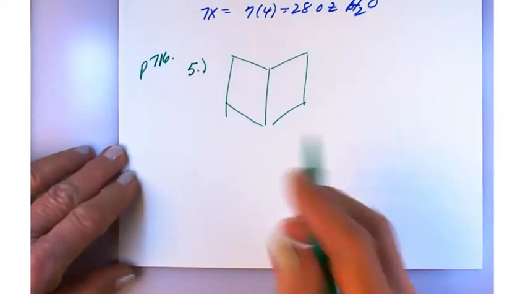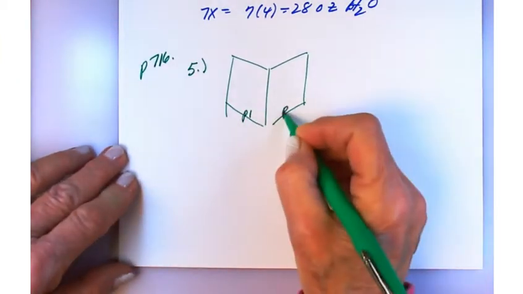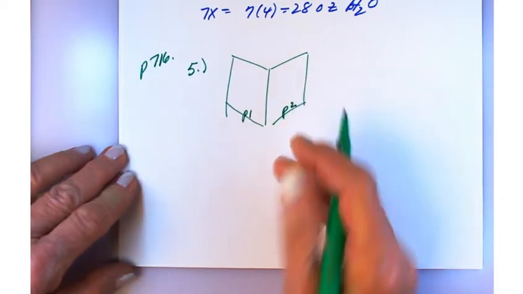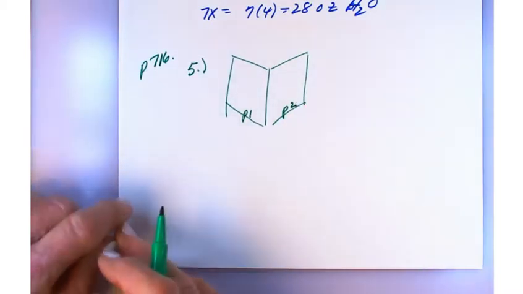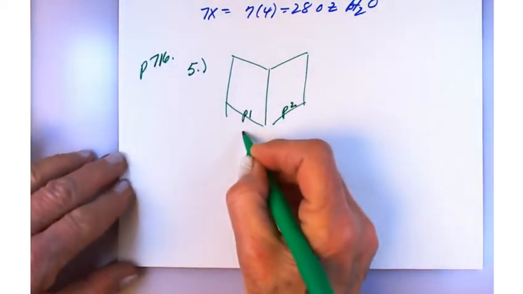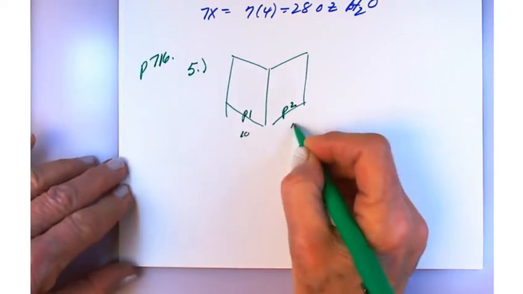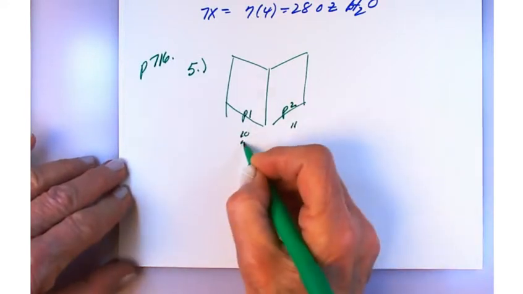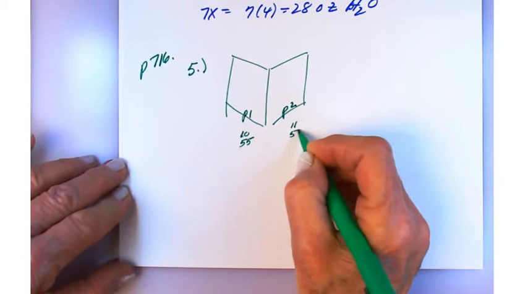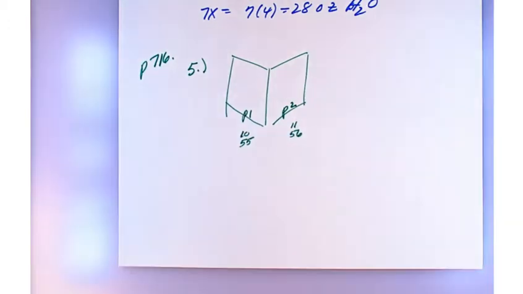And we'll call this page 1 and we'll call this page 2. Look at your book. If you're looking at page 10, this is page 11. If you're looking at page 55, this is page 56. So you know it just goes up by 1 unit. So let's look at what our clue is. It says that the sum is 569.